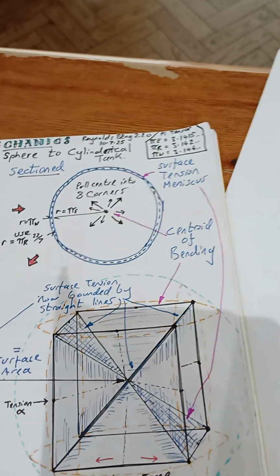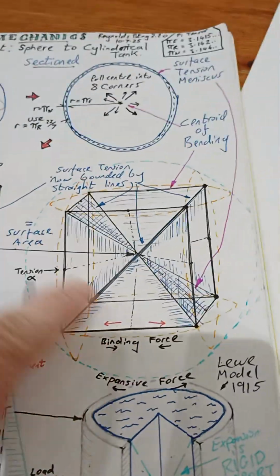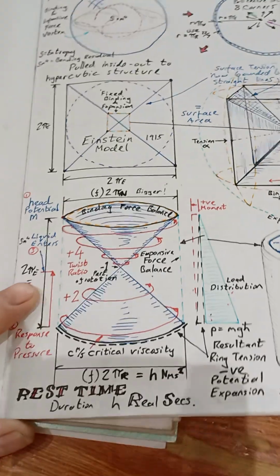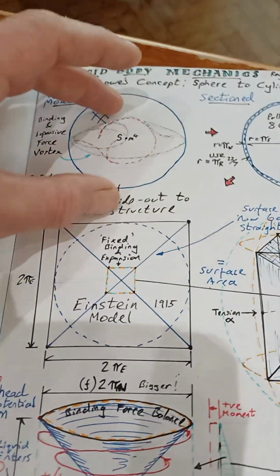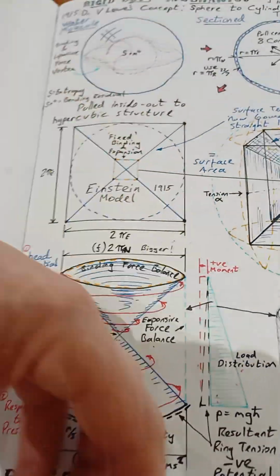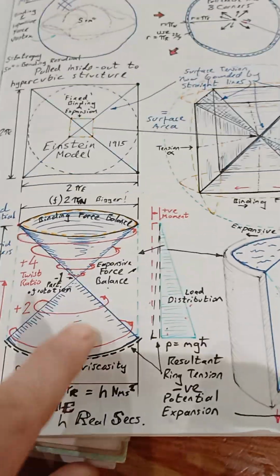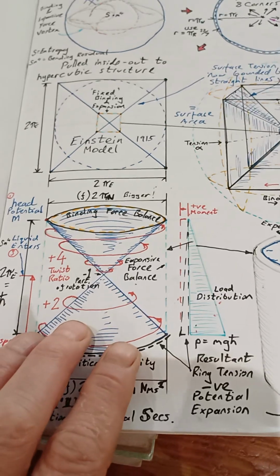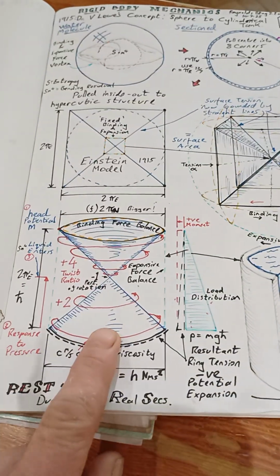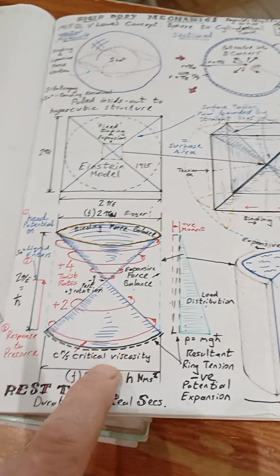So you now turn it inside out, inverted it, and you've got straight lines to analyze the loading, E equals mc squared. If you take the Lewean model, you take the sphere, and instead of pulling it into a cube, you stretch it into a double cone, into the Lewean grail, and you see the base here, this is mass, so that's water. There'll be a cavitation here, which would be oil.